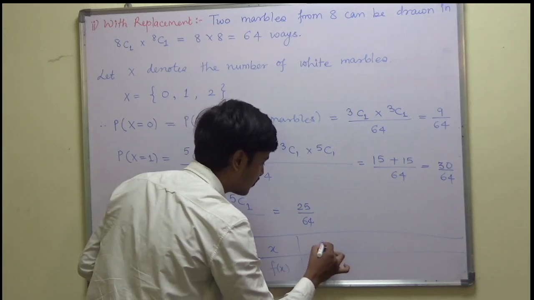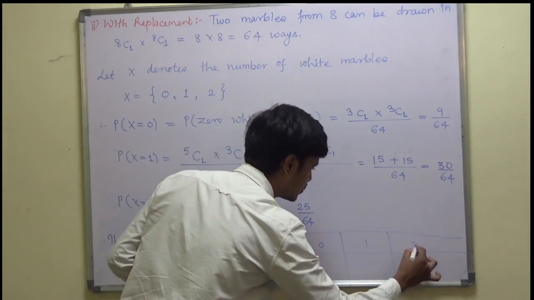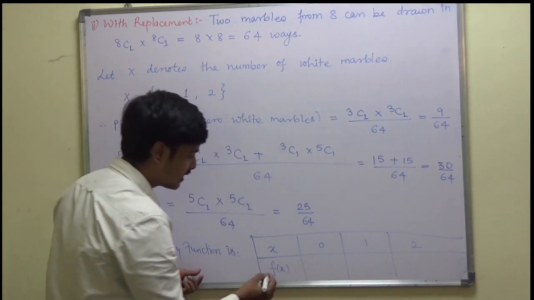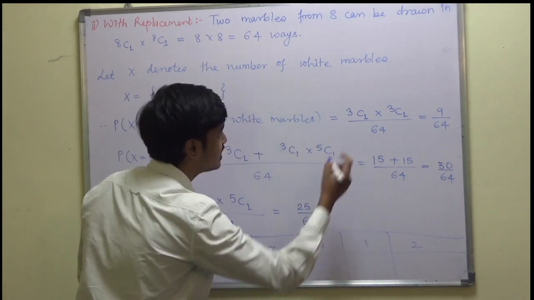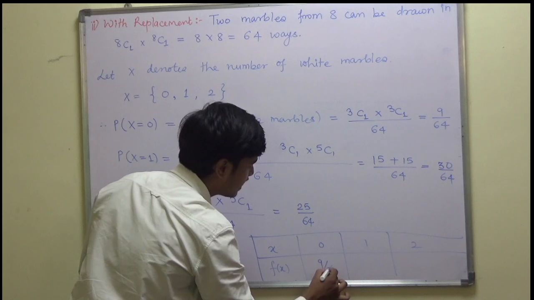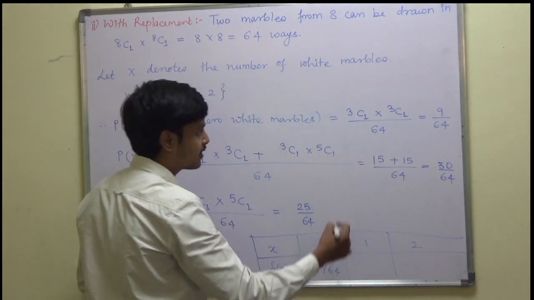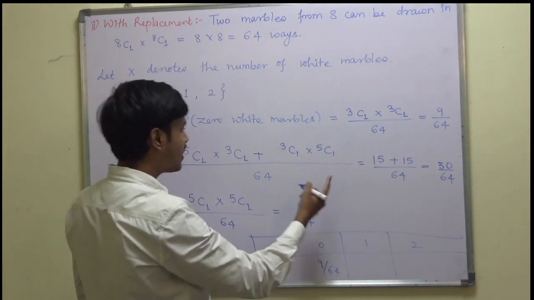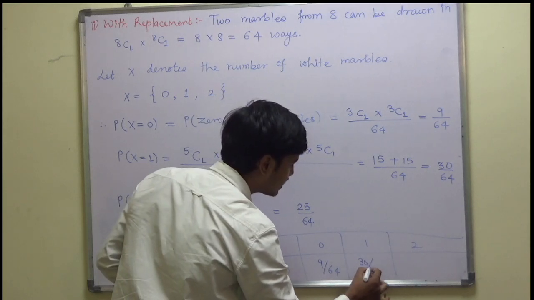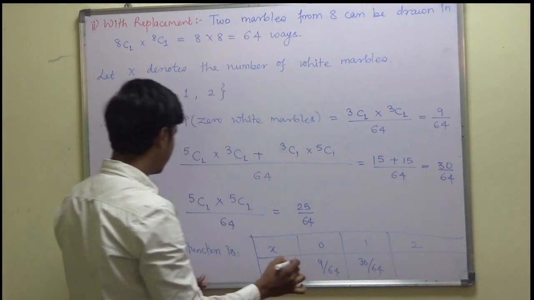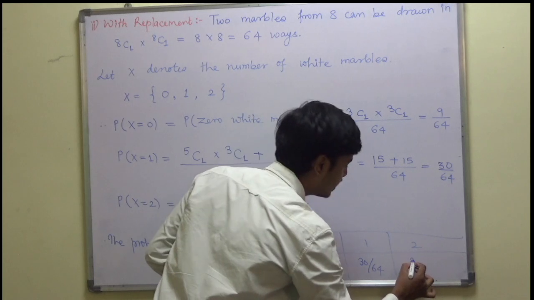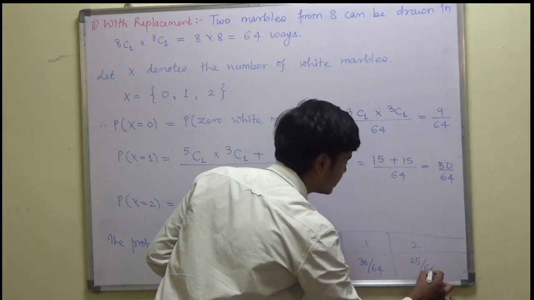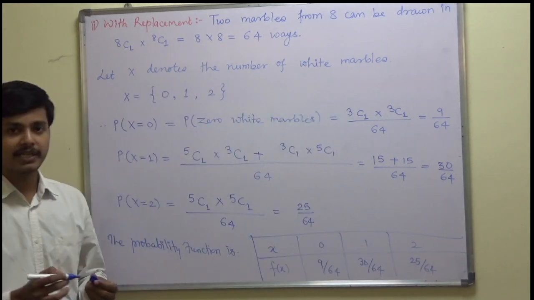What are the values of x? 0, 1, 2. And what are the values? For 0 we have 9 by 64, for 1 marble we have 30 by 64, and for 2 marbles we have the probability 25 by 64. This is just the probability function.